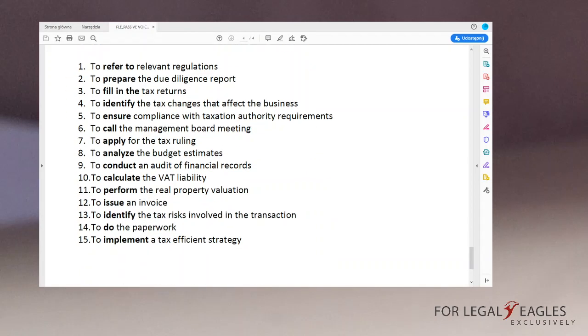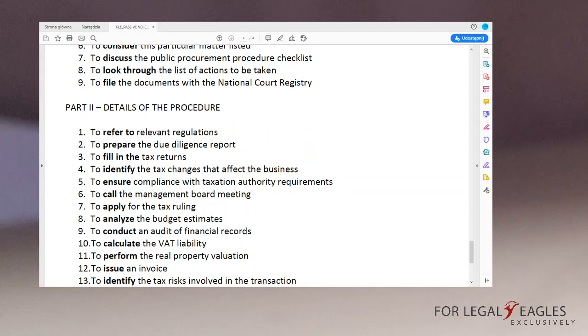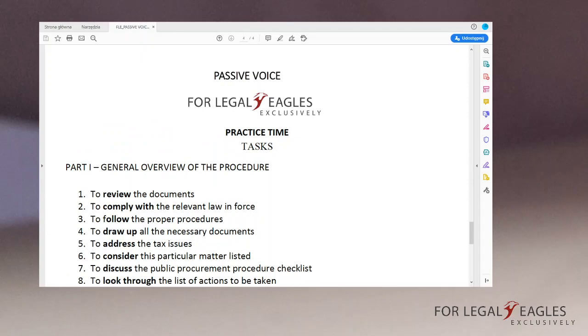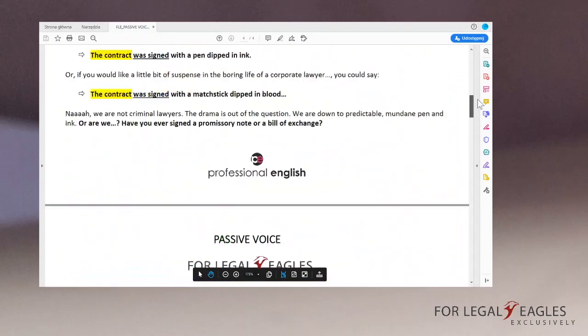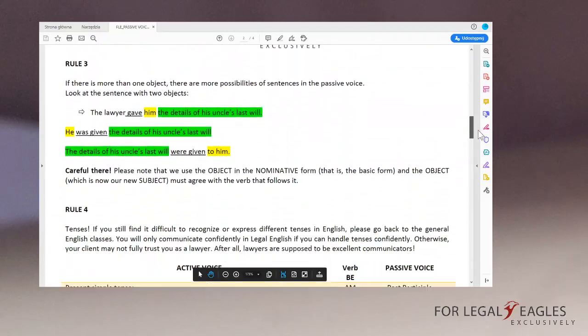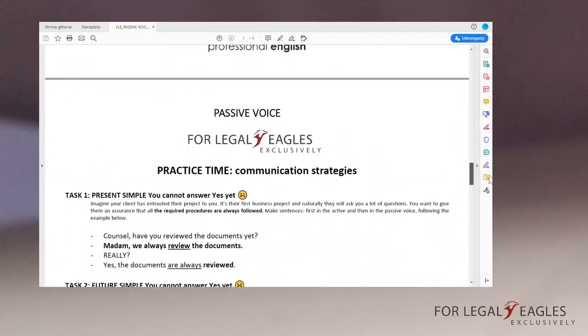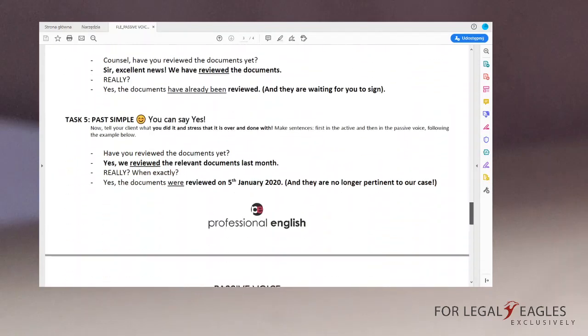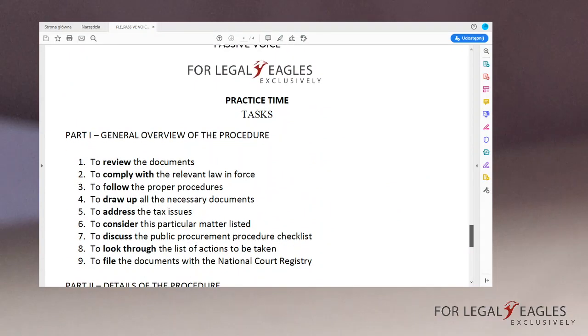These are the expressions that my tax lawyers use a lot, so we decided to put them here. So, the grammar, the case scenarios, and the prompts.